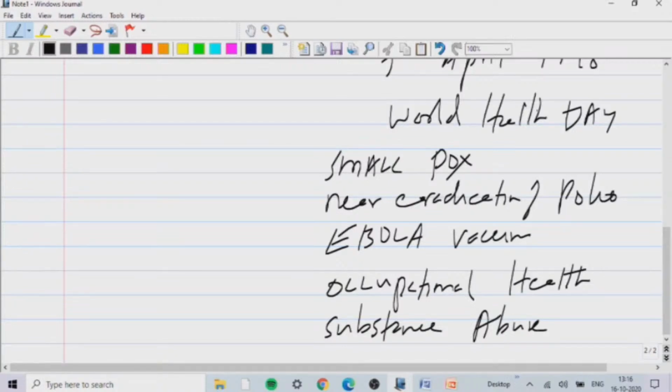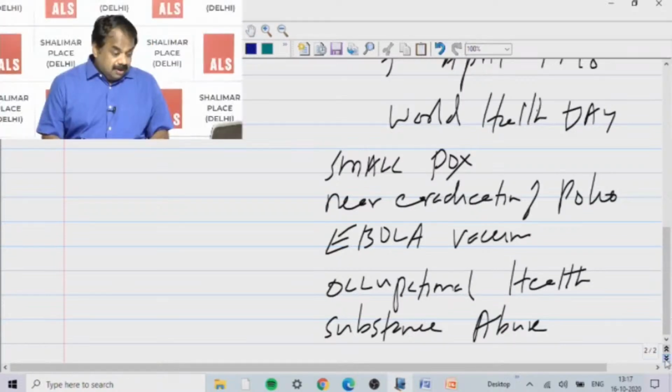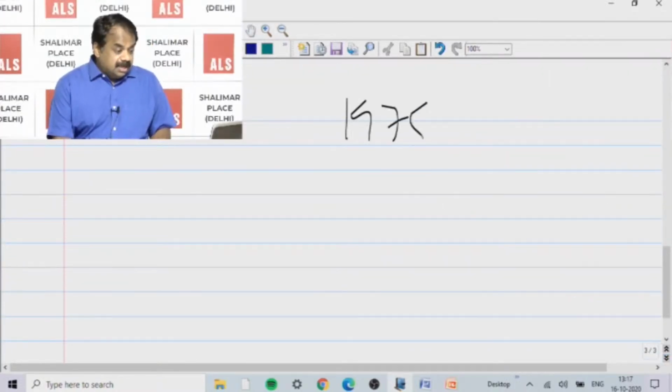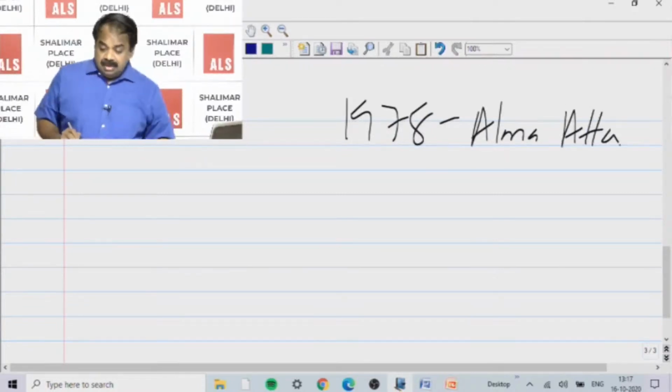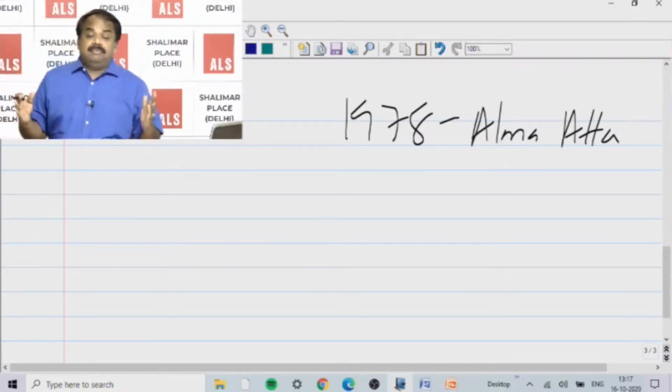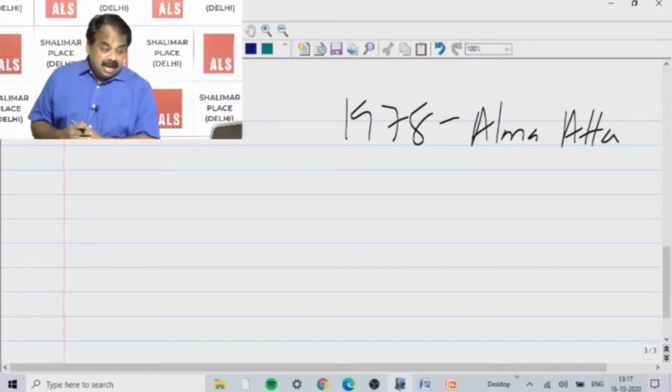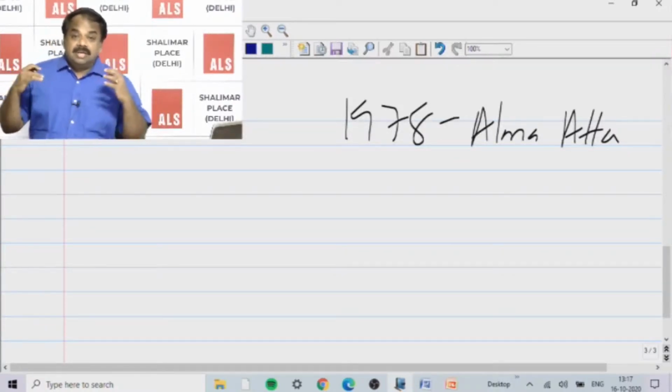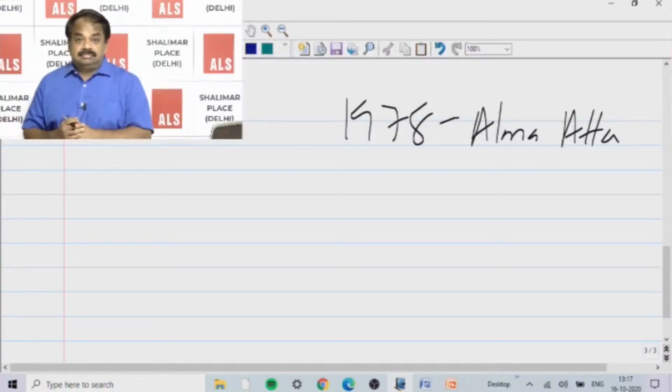Then the 1978 Alma-Ata Declaration, which, as far as WHO is concerned, is still considered to be the Magna Carta for health for the world. Alma-Ata Declaration is known as the Magna Carta for health.